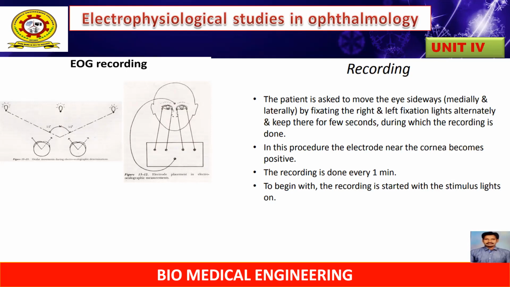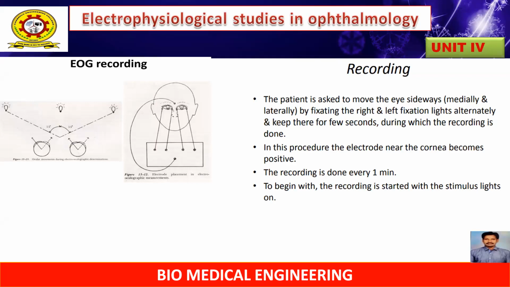Readings are taken for the eye existing between the cornea, which is the positive reading, and the back of the retina, which equals negative. In figure B, a pair of electrodes are placed over the orbital margin near the middle and lateral position of the eye.